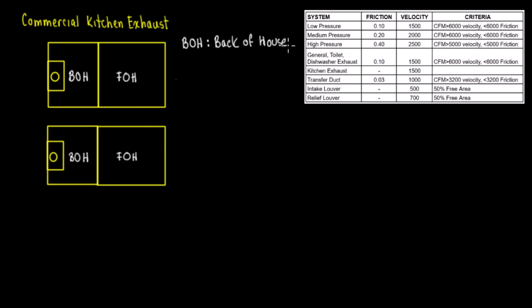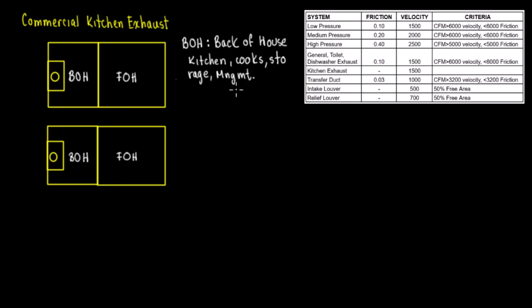The back of house is pretty much where the kitchen is. In this location, we're going to have the kitchen, the cooks, and sometimes a storage room. Sometimes we have management.